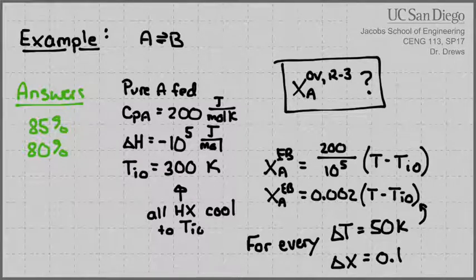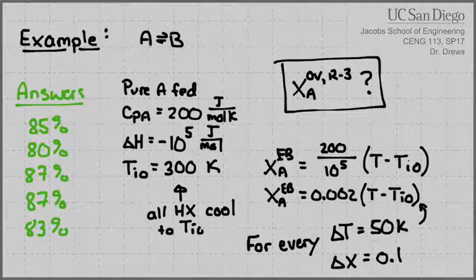Anybody else got anything different? Or can anybody confirm those? 87. About 87. 87, and what was the one up front? Somebody got 83. Now, are you just throwing that number out there? Oh, okay. Because that's what happened last time, is people just started throwing numbers out. These all look pretty close. When I did this one and I sat down and got it, I got about 82%.